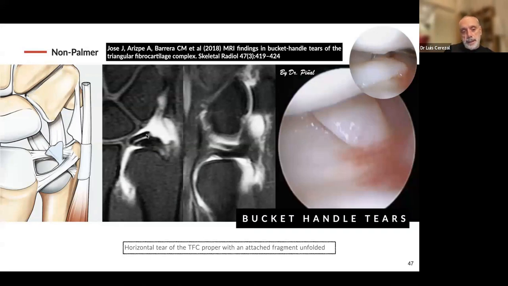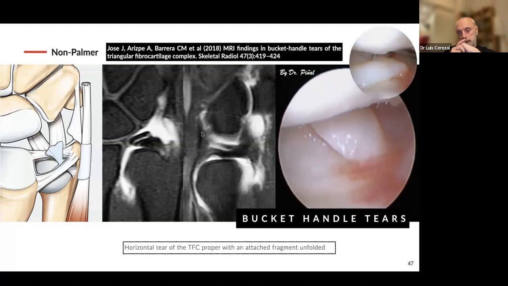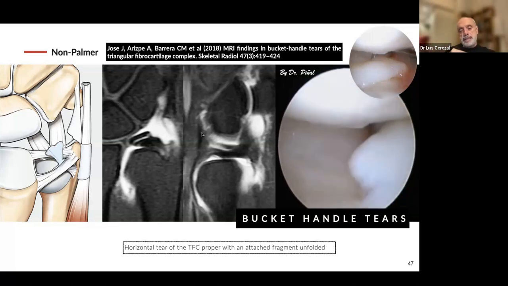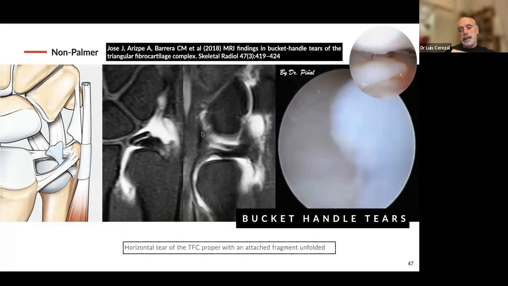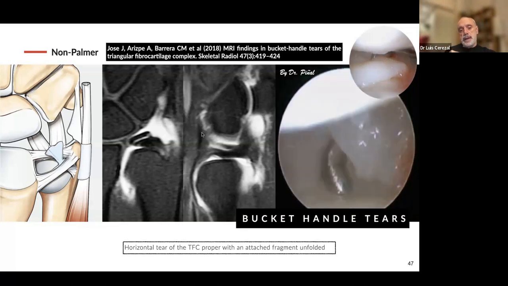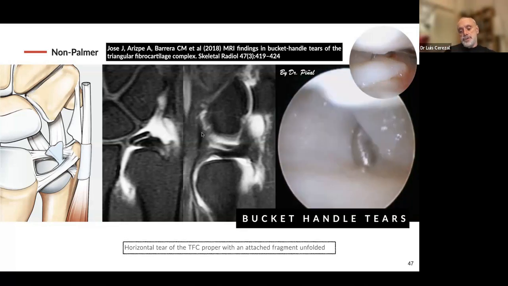And these bucket handle injuries of the TFC are not uncommon, and we could have, like in this case, the bucket handle affecting the proximal aspect of the TFC, very clearly seen on conventional arthroscopy using radiocarpal portals.